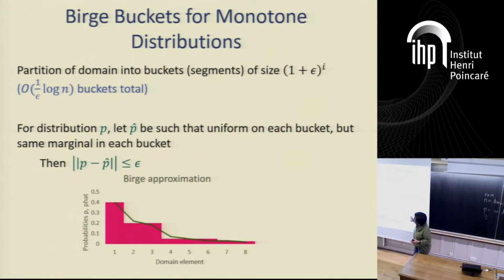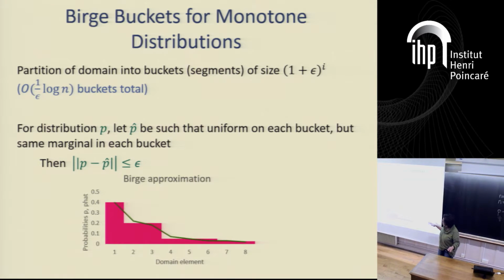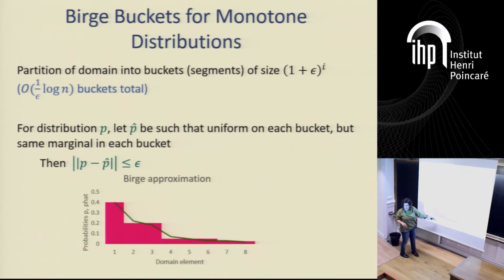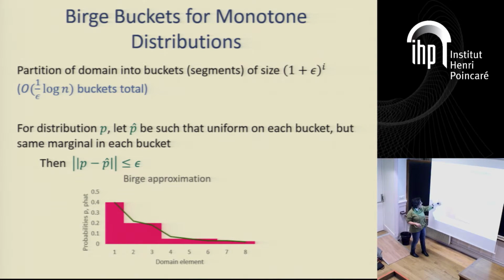All right, now take any distribution P that's monotone. Okay, so I left out the word monotone here, but let P hat be the distribution that's uniform on each one of these buckets, but has the same marginal in each bucket. Okay, then what you can show, Birgé showed this, and there's a simplification and also a case in a paper by, I'm forgetting the 3 authors, but one of them is Daskalakis.